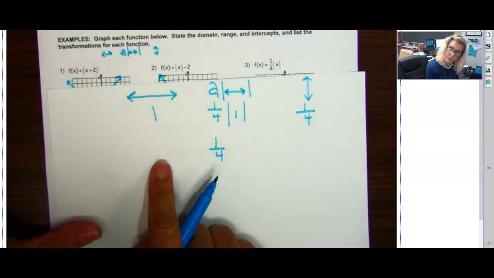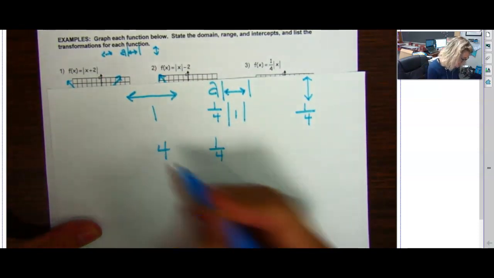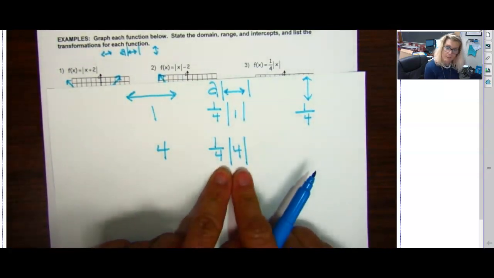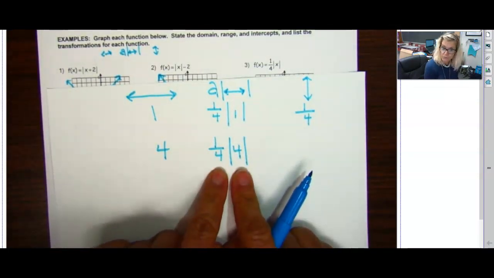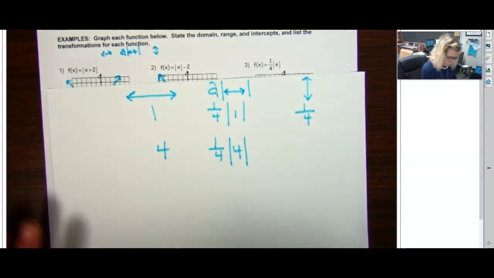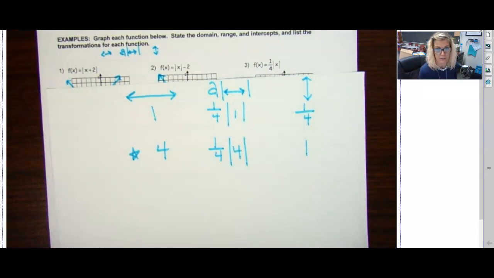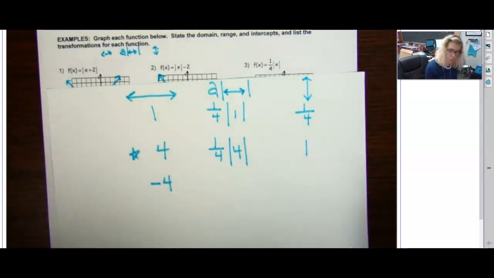So I'm going to plug in a 4 right here. I'm going to take that 4 and multiply it by the absolute value of the a value. Absolute value is 4. 4 times 1/4 is 1. I am definitely graphing that point. That's going to be easy for me to graph. And same for the other direction. So I can go in the -4 direction from the vertex.